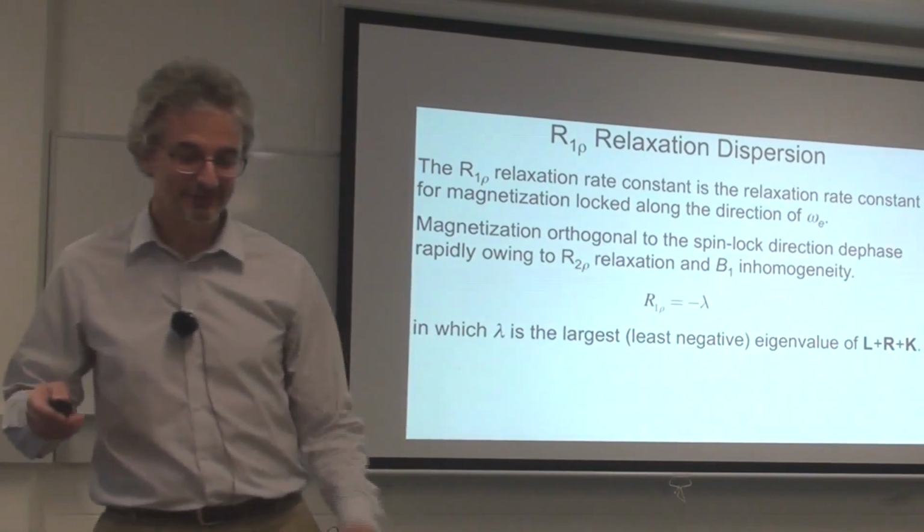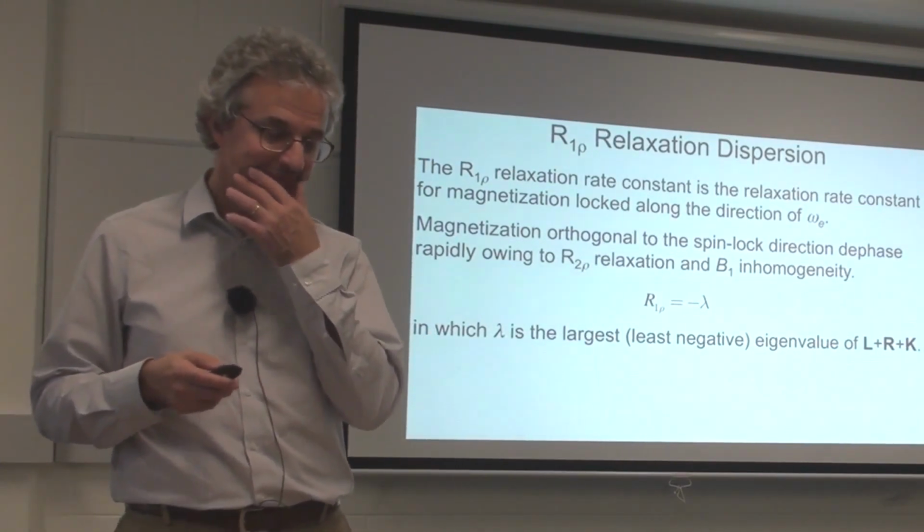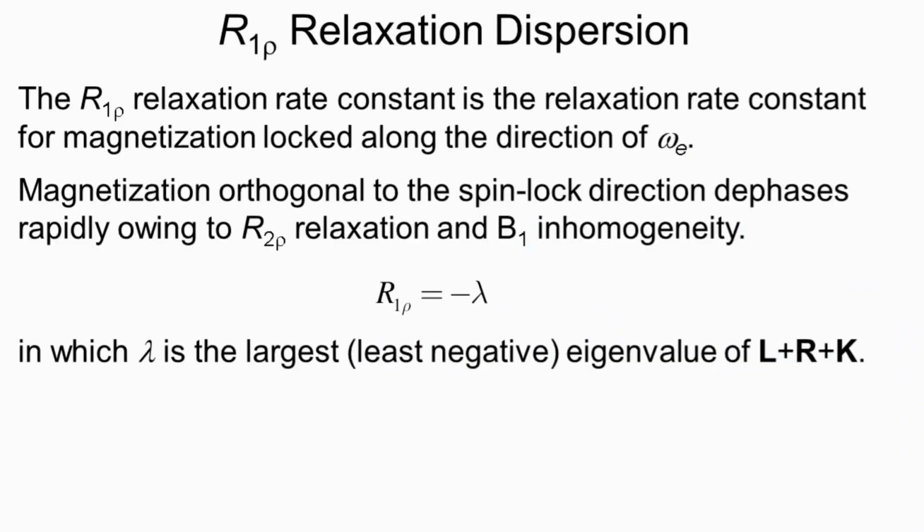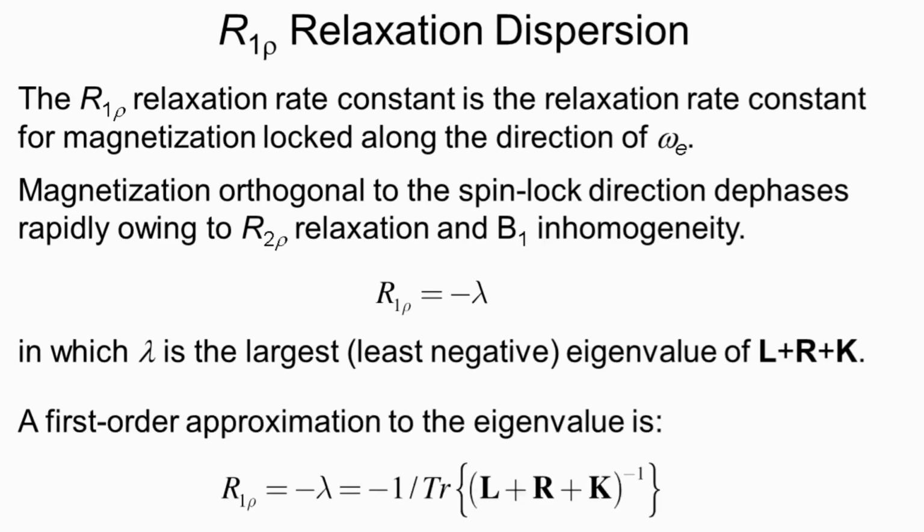There's nothing I can do about that confusion. So if we want an approximate expression for R1 rho, then we're reduced to asking, do we have an approximate expression for the least negative eigenvalue of the 6 by 6 matrix, the eigenvalue that's closest to 0?